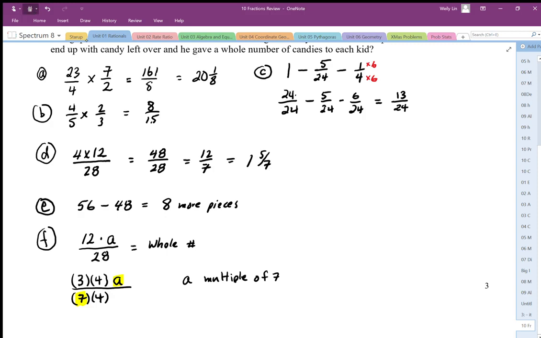And so the smallest number for A, the smallest number of bags of candy, is going to be 7. Okay, because as long as we have a common divisor, we're going to have whole number of candies. We have no candies left over when we share them with 28 kids.